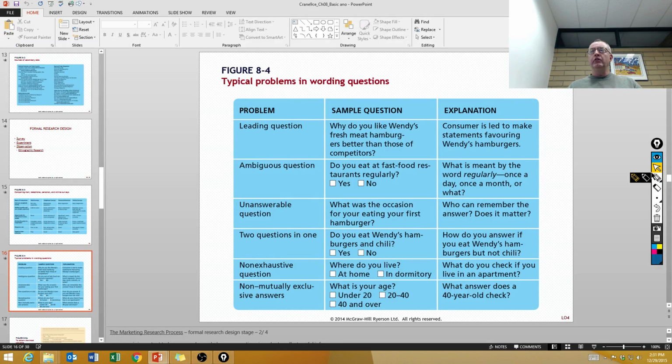But obviously market researchers have encountered some of these problems in the past, and that's why the authors are bringing it to our attention. We can see that this is a potential flaw in the survey method of research.